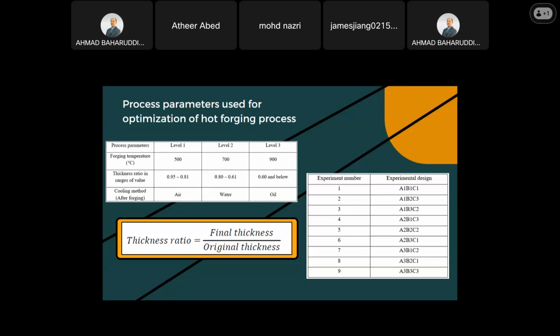For this experiment, we'll be using that set of process parameters and so on. That way we will have a few combinations that include all the process parameters. Each experiment is conducted 3 times, so in total, 9 experiments times 3, we will have 27 specimens.